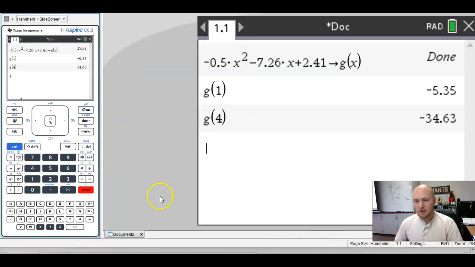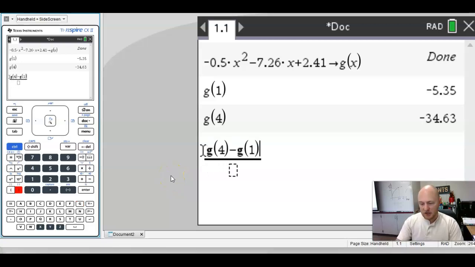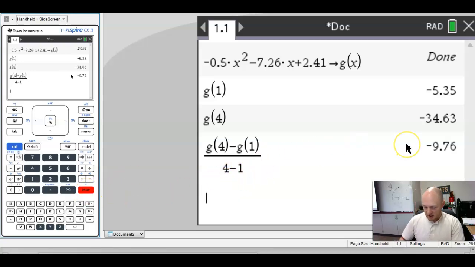So back to the calculator. I can enter the difference quotient by control divide. So here's my fraction, and I can enter g of 4 minus g of 1. I could also punch in the values, 4 minus 1, or just over 3. Hit enter, and then there is your average rate of change, negative 9.76.